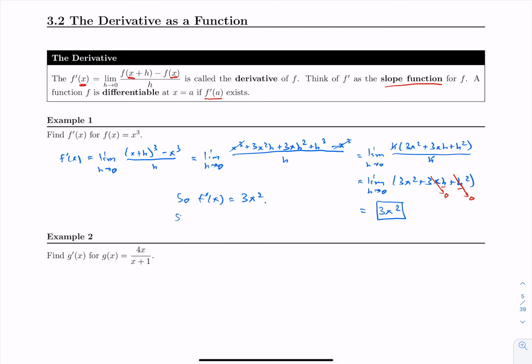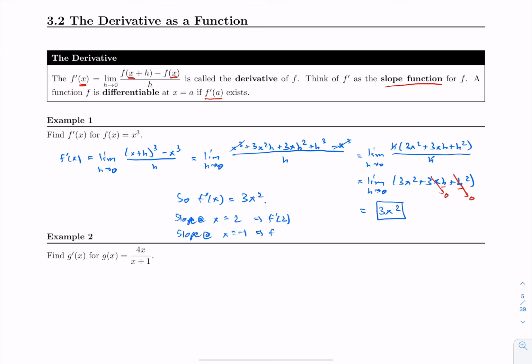So if we wanted the slope at x equals, say, 2, that would be f prime of 2. So in the previous section, we computed f prime of 2 directly, but if I then wanted the slope at another value, we'd have to do another limit problem.